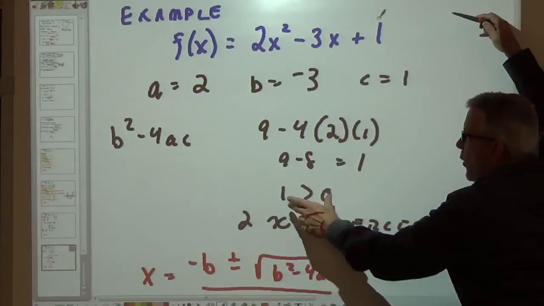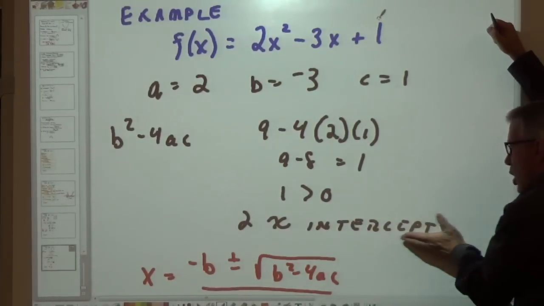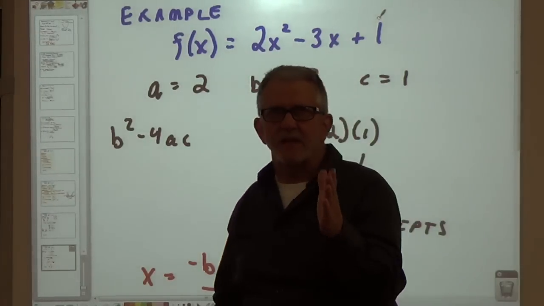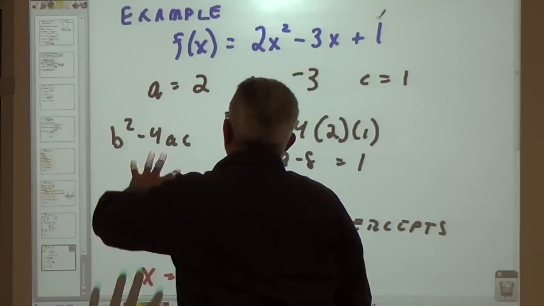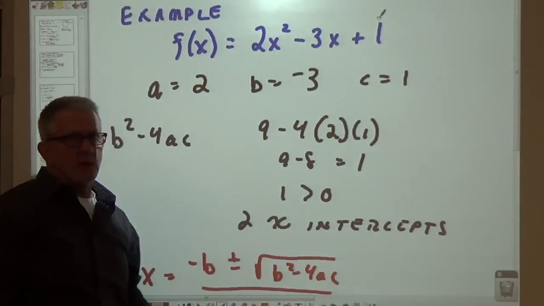Oh, that's nice. 1 is greater than 0, so now I know there are 2 x-intercepts, because the discriminant is greater than 0.